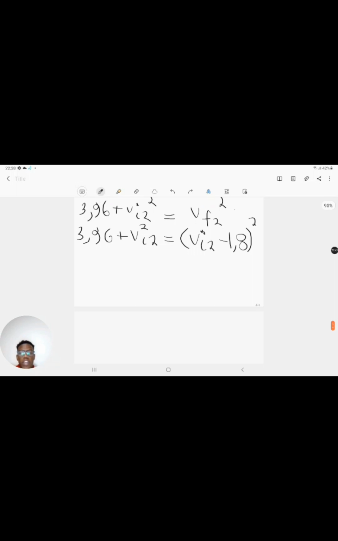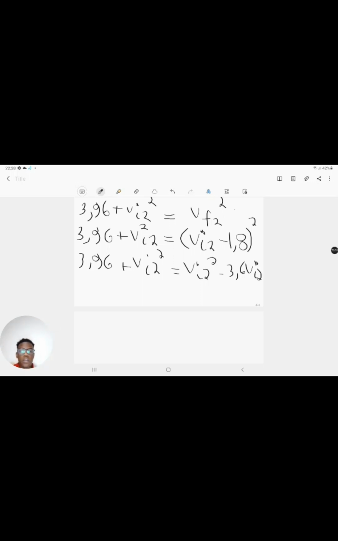So we're going to have 3,96 plus VI2 squared is equal to VI2 squared minus 3.6 VI. Now I'm just using the FOIL method to multiply out the brackets.